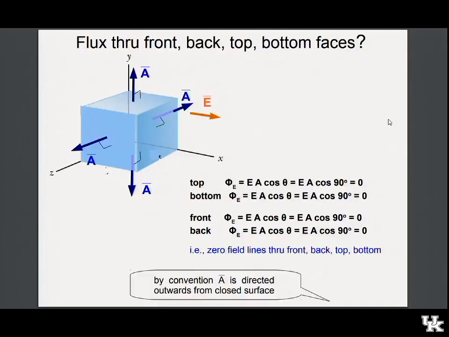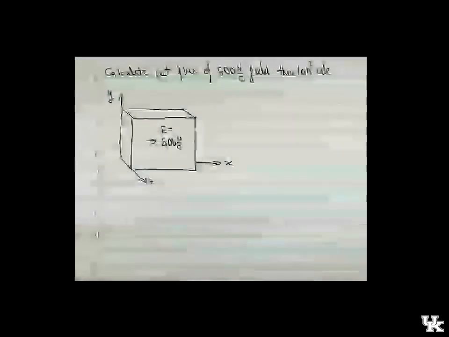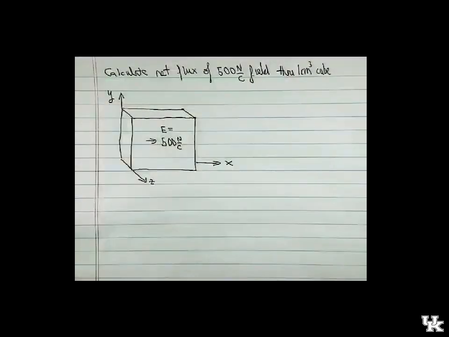Okay, so I want to calculate the flux through that. I think I'm going to do this on the document camera. Okay, so I started this here. We're going to calculate the electric flux through this cube.